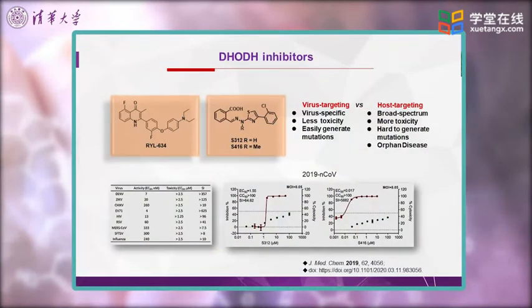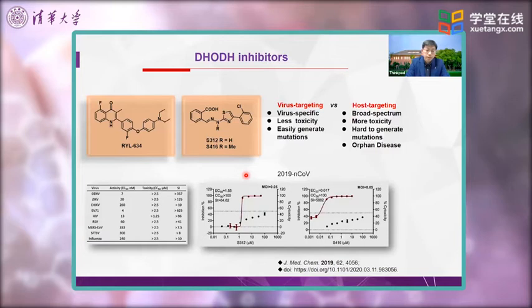Last year, our own group reported discovering a new class of chemicals as DHODH inhibitors. On the left part, we can see the structure of a representative chemical named RYL634. We have found that this type of chemical is highly effective against a broad range of RNA viruses, such as dengue, Zika, EV71, RSV, and MERS coronavirus.